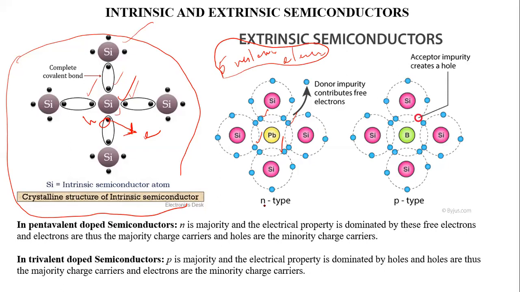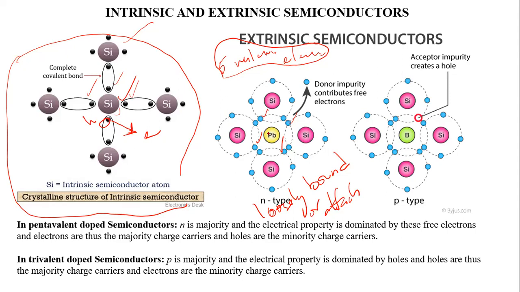The extra electron is loosely bound or attached to this pentavalent atom, because it is not participating in the chemical bonding.